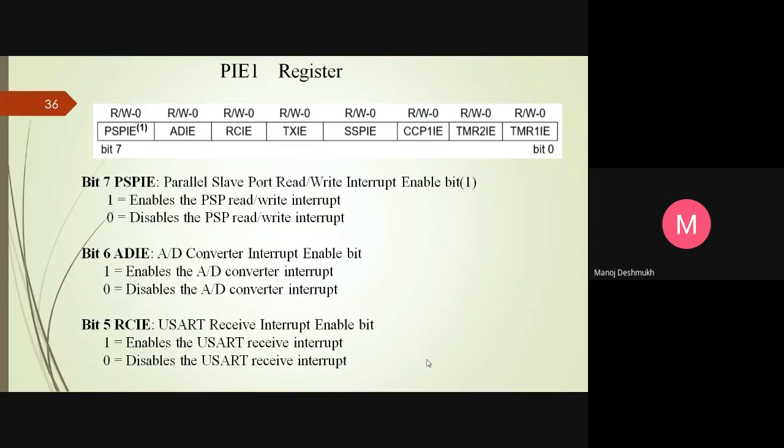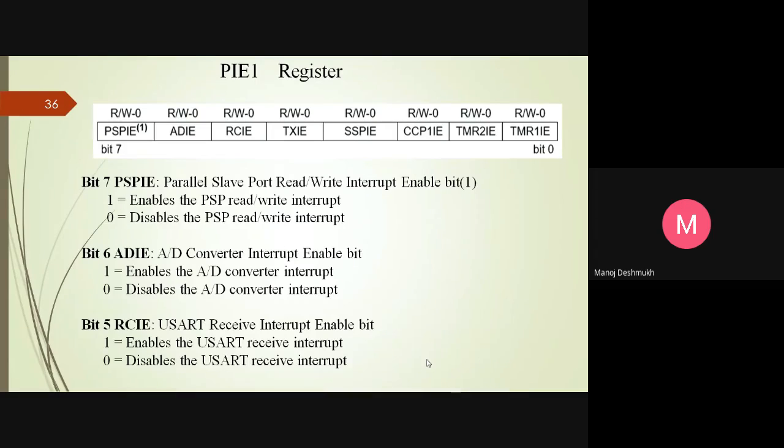There are two registers available in PIC16F, PIE1 and PIE2. IE is for interrupt enabling, and for actual detection of the interrupt, we go with PIR1 and PIR2.